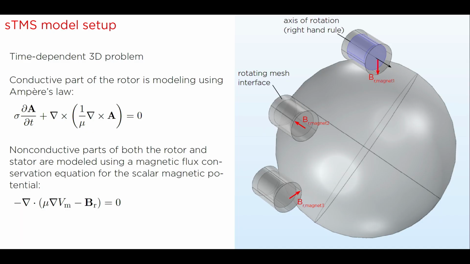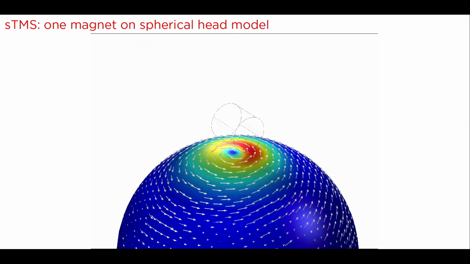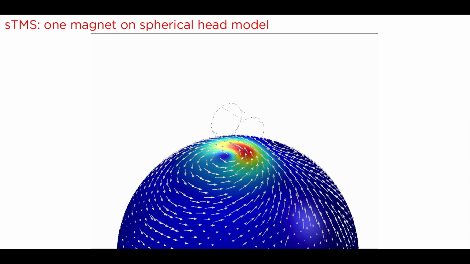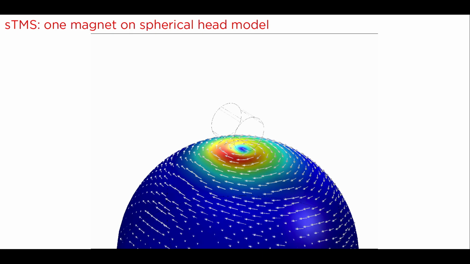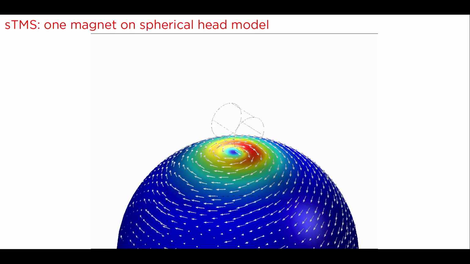And so this is also an electric field model of this STMS technology. I will not go into the details of how this works, but I will show you the electric field distribution on a spherical representation of the head as one of these magnets is rotating over the head.